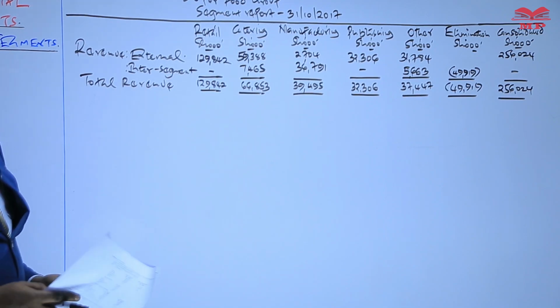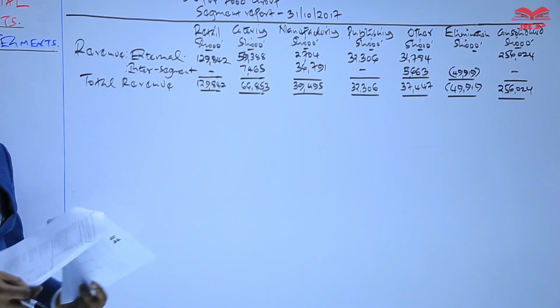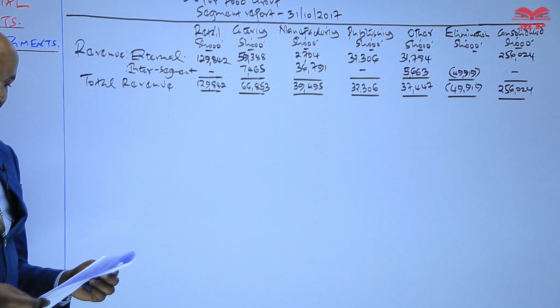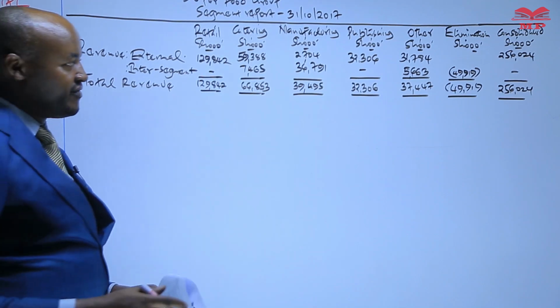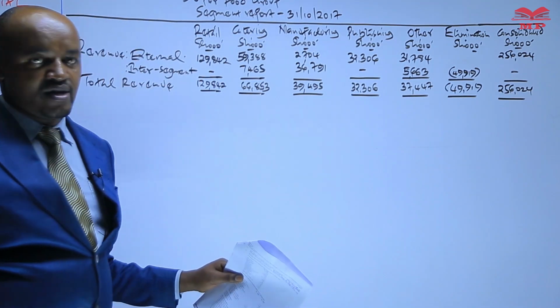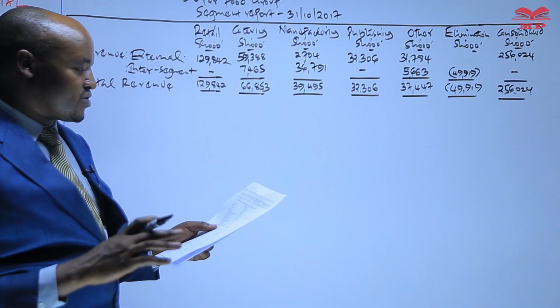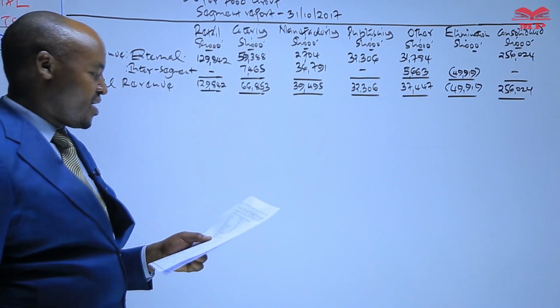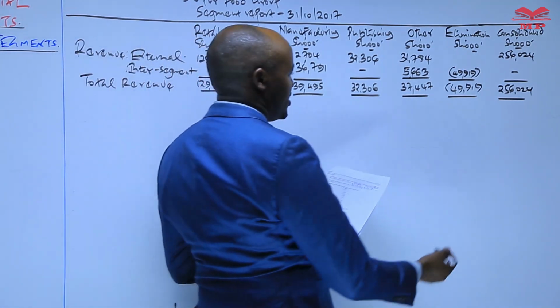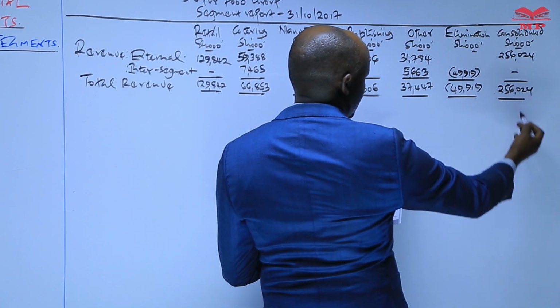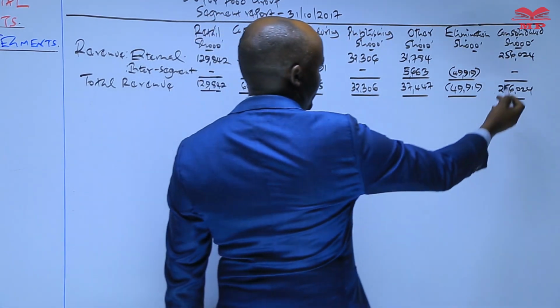Basically what that means is that if we go back to the information which we have at paragraph 1, you can see we are given the revenue of this company. The total revenue of this company from its consolidated income statement is a figure of 256,024.